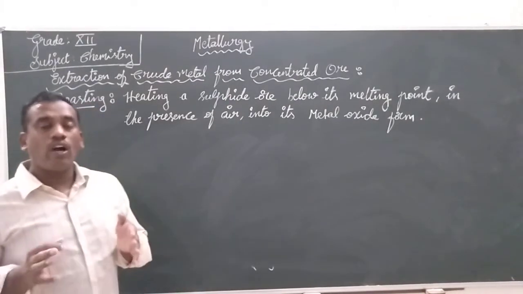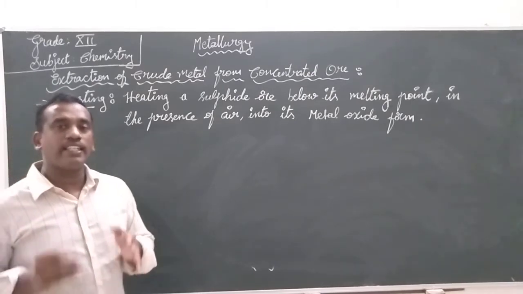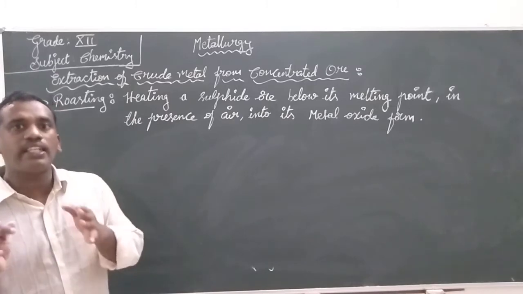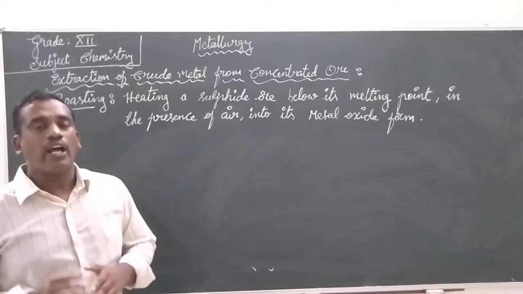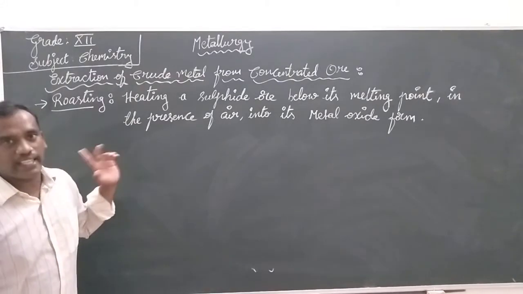So we had got the explanation that when the ore is present in its sulfide form, it needs to be converted into its oxide form. That process we are going to call roasting.